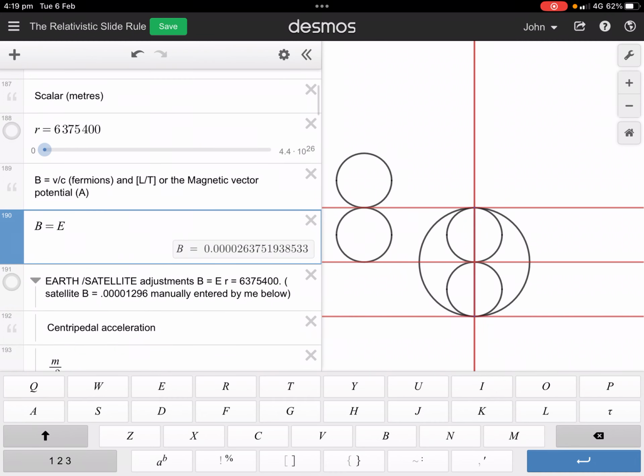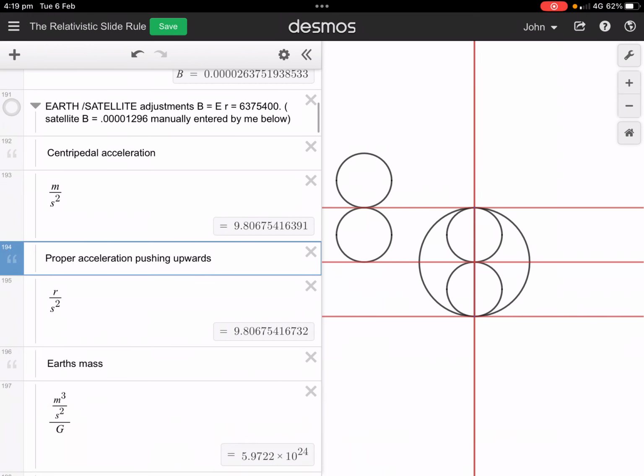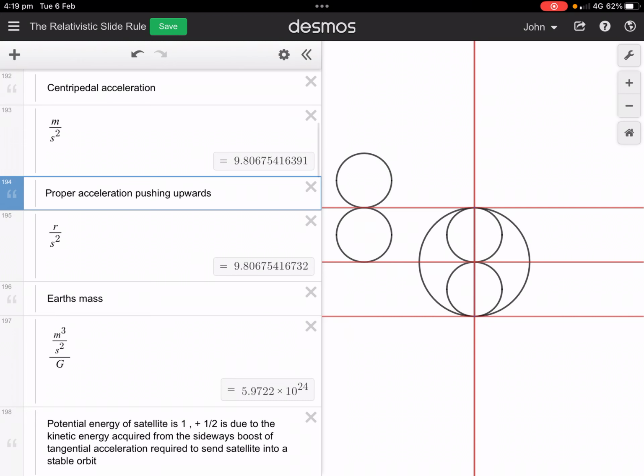So I've put in the radius of the Earth to the surface, which is about 6 million meters. Okay, and that's the centripetal acceleration, or we call it gravity, on the surface of the Earth.